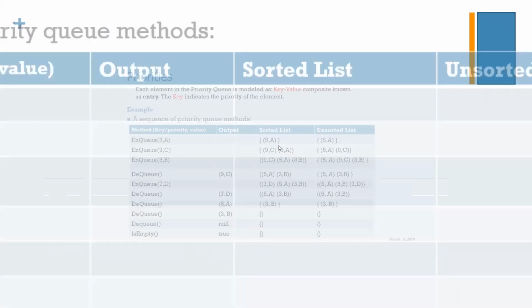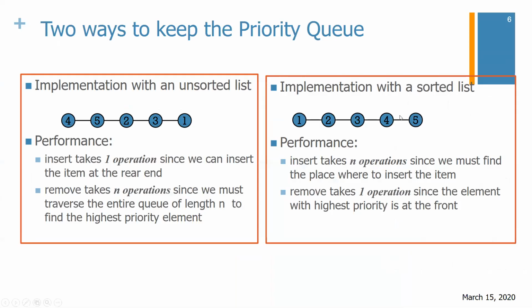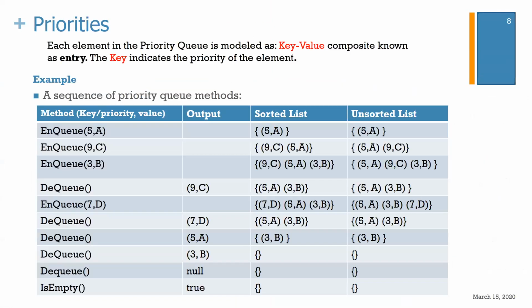Again, for the sorted list, insert takes n operations. To add 9, we need to traverse all elements to find the place of 9.